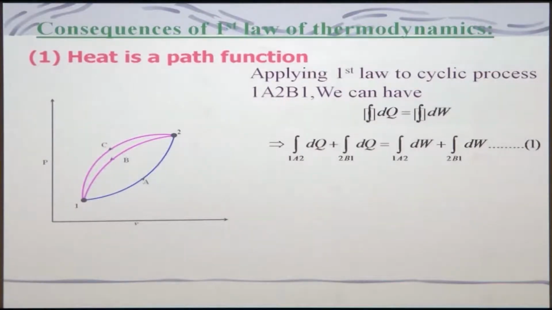If you look, it consists of 2 paths: the work done in the path 1A2, dW, and the work done in the path 2B1. We are considering the path 1A2B1. Similarly, we can apply the first law of thermodynamics to the other cycle between the 2 states, that is 1A2C1.